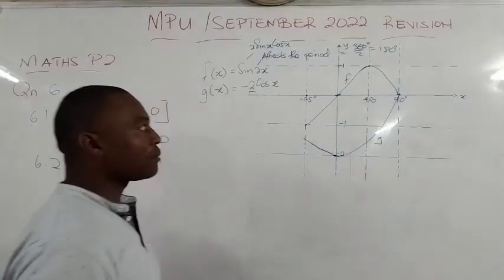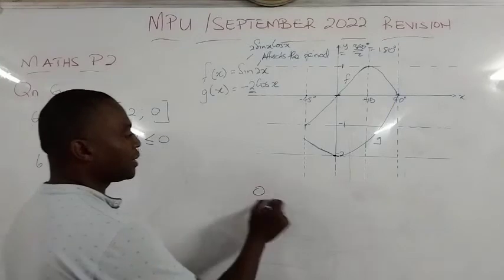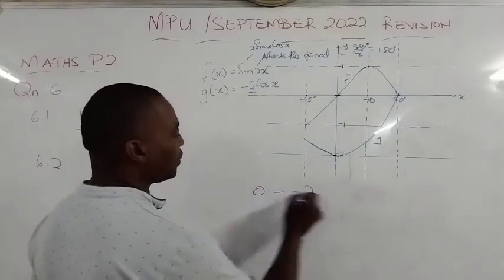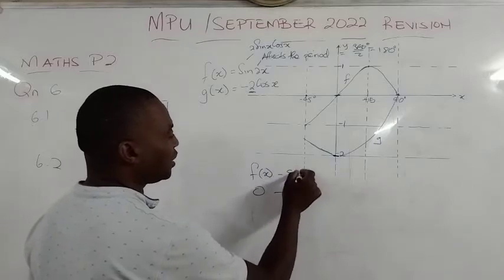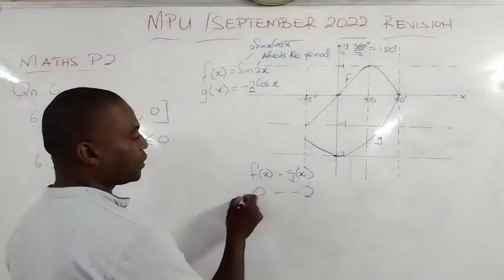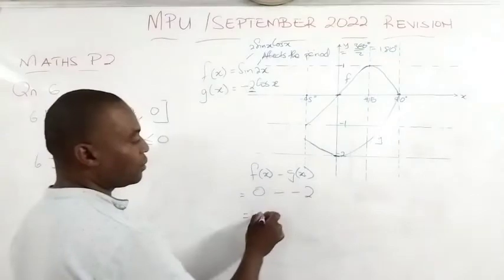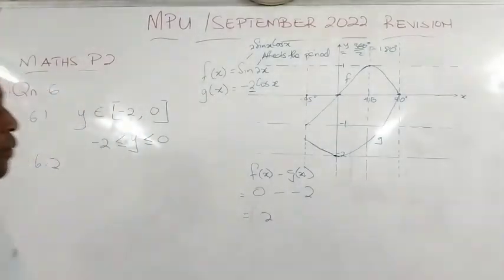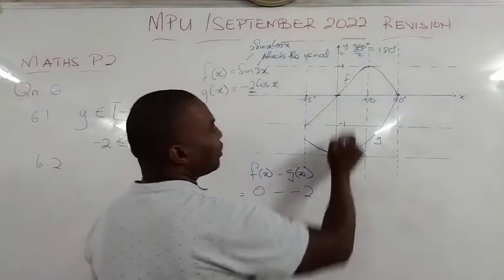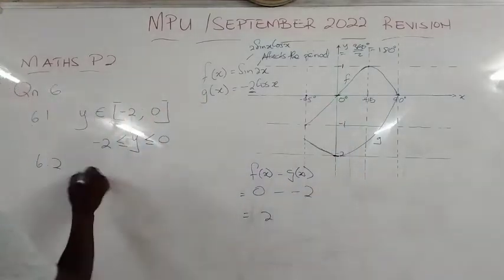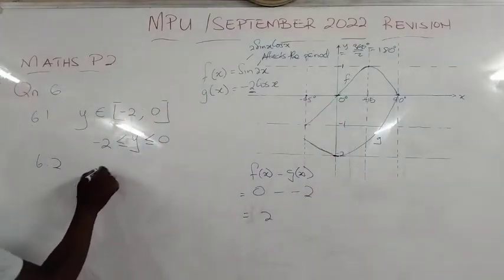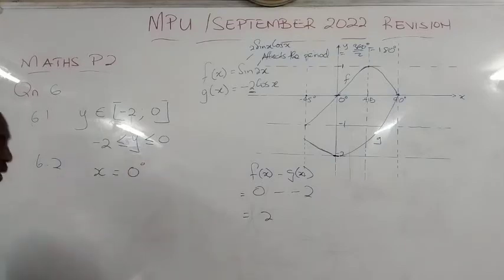Simple mathematics tells you that 0 minus negative 2 is f of x minus g of x, which will be equal to 2. This happens at 0 degrees. So for 6.2, x is equal to 0 degrees.